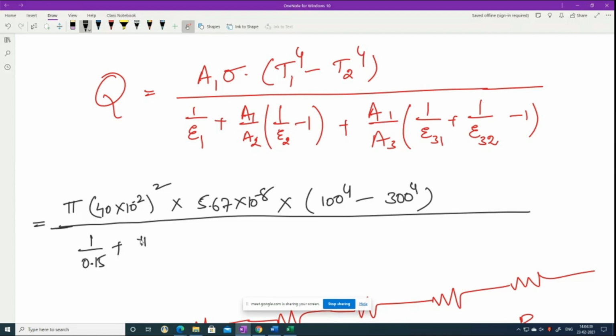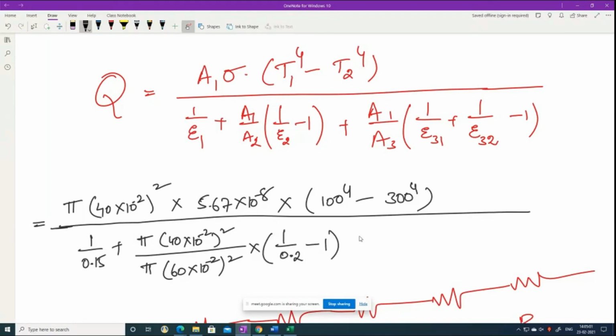It is pi d1 square, that is 40 into 10 to the power of minus 2 whole square, by area 2, pi into 60 into 10 to the power of minus 2 whole square, into 1 by epsilon 2, which is 0.2, minus 1, plus the A1, which is pi d, 40 centimeter square by pi into 50 into 10 to the power of minus 2 whole square, into 1 by epsilon 3 1 plus 1 by epsilon 3 2.